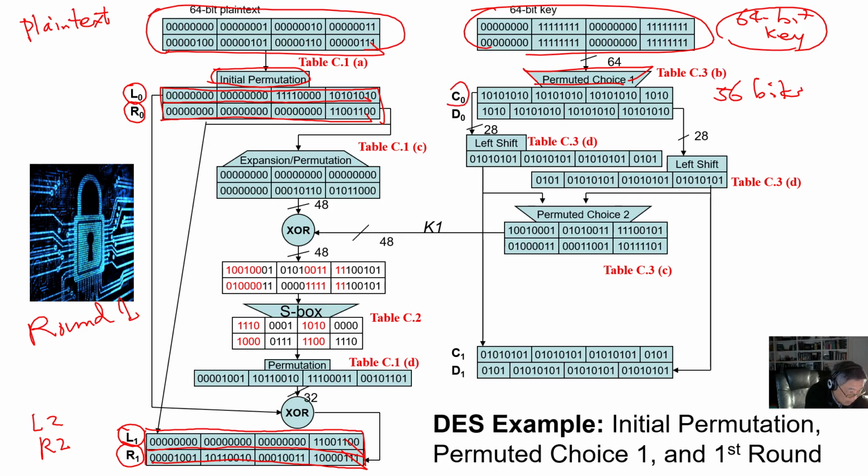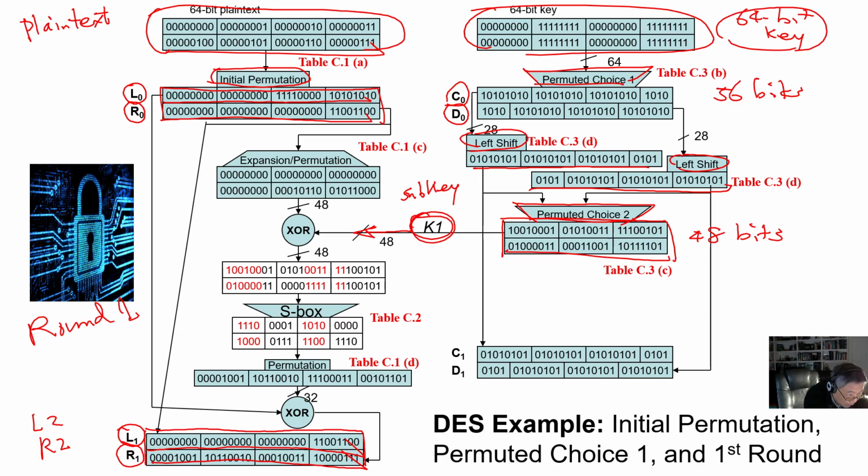The left part is C0 and the right part is D0, and we perform the left shift for C0 and the left shift for D0, and then we combine these results into a 56-bit string, and then we perform the permuted choice 2, which eventually generates 48 bits. Now that's the subkey, which is key 1, which can be used on the plaintext side for round 1.